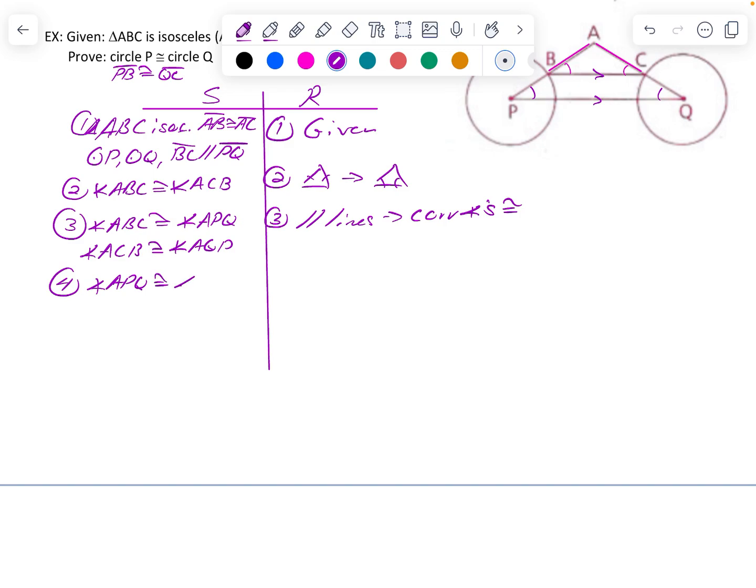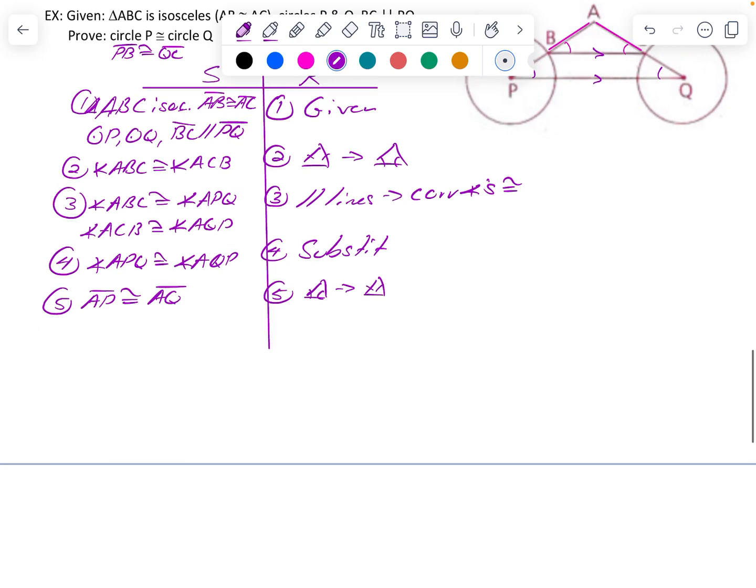And then what that means is that angle APQ is congruent to angle AQP by substitution. So initially we had the two small angles congruent, the two pink ones. Now we have the two purple ones congruent. Well, if those two base angles are congruent, that means AP is congruent to AQ, because base angles mean sides congruent.